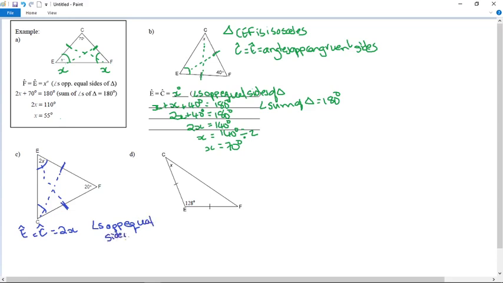Okay, now I'm going to come up in the corner over here because I'm running out of space over there. So you can see angle E is equal to angle C, and they must both be equal to 2x.